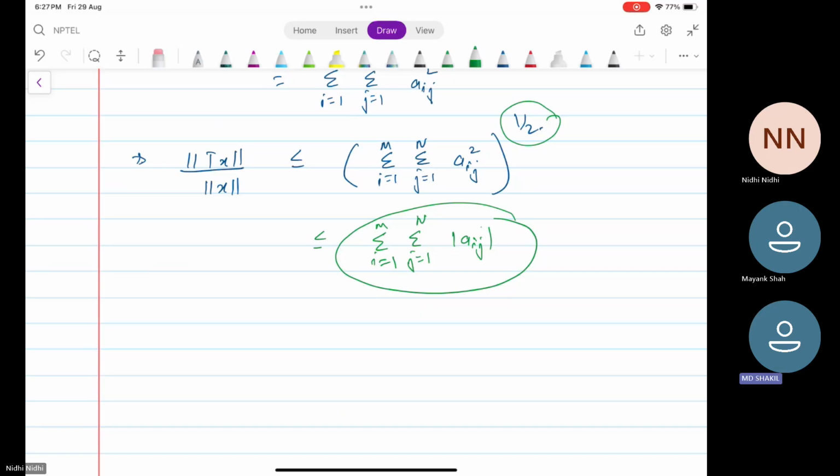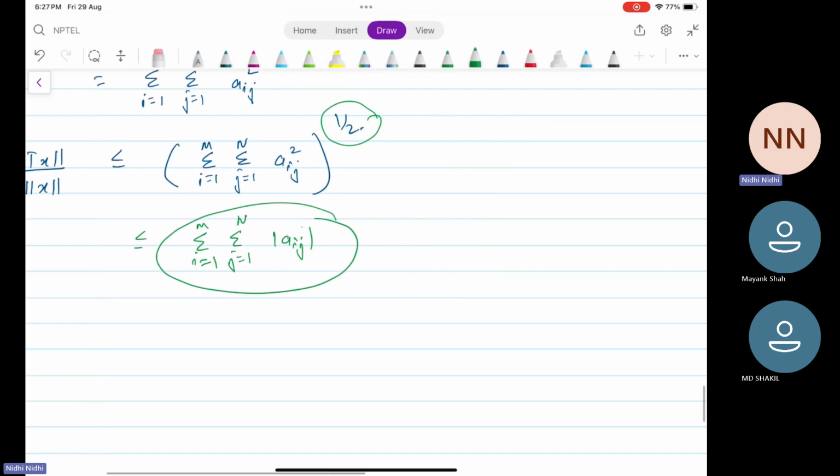Ma'am, is it Minkowski inequality? Hmm, Minkowski. Yeah, in Minkowski, we eventually get the power inside, no? Or otherwise, you can see that.